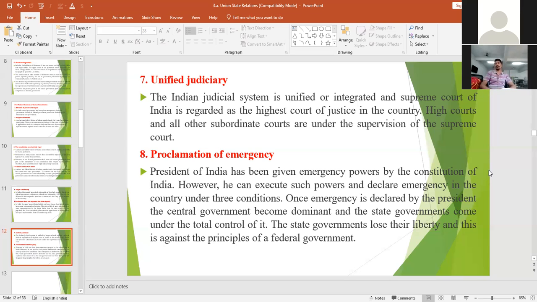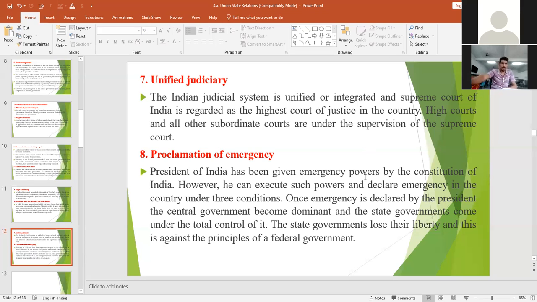The state government loses its liberty, against the principle of the federal government. At the time of emergency, the president has whole and sole authority and the states lose their authority. This feature shows that India is a non-federal state.